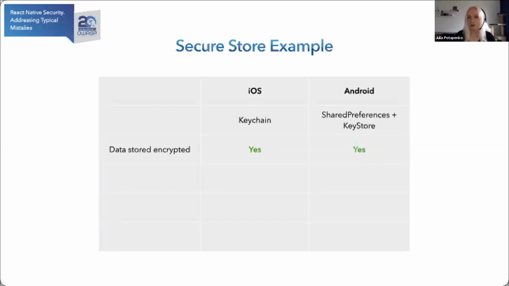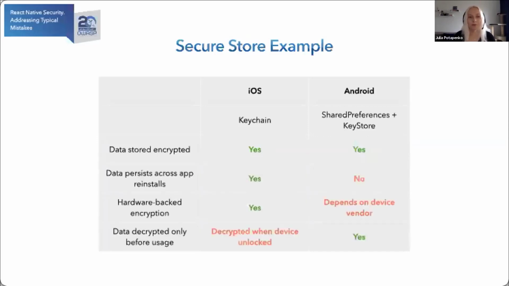Like all good here, it stores data encrypted, that's right. But you see, keychain persists its data across app reinstalls, while shared preferences do not. And there is an MASVS requirement that you need to erase the data across app reinstalls. So here we're missing this requirement.